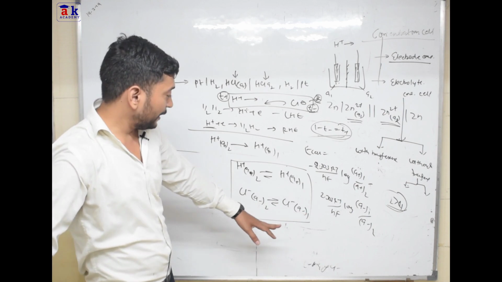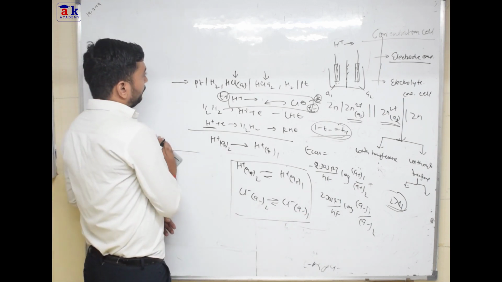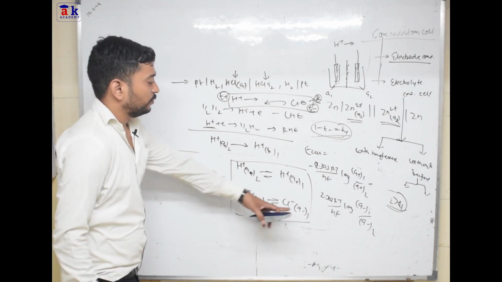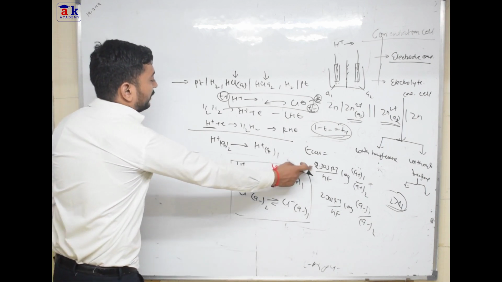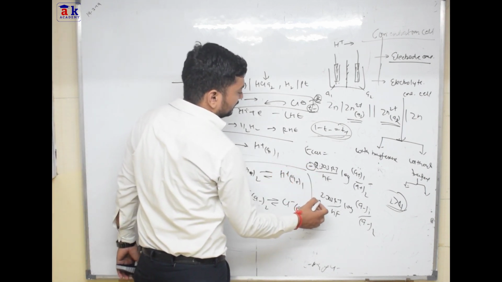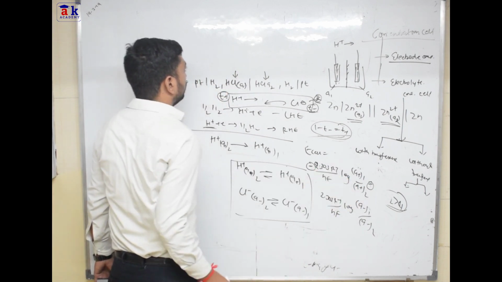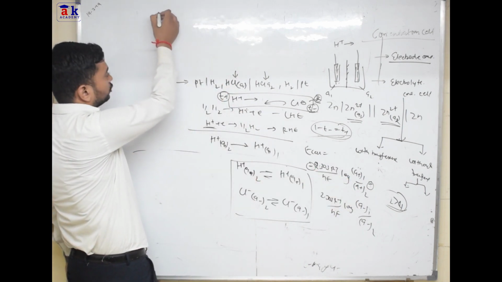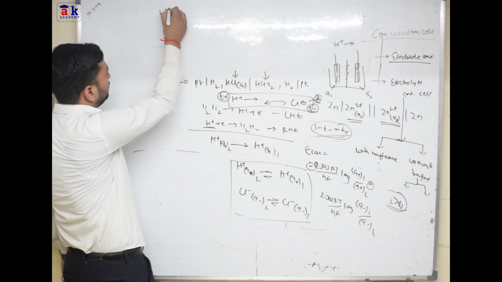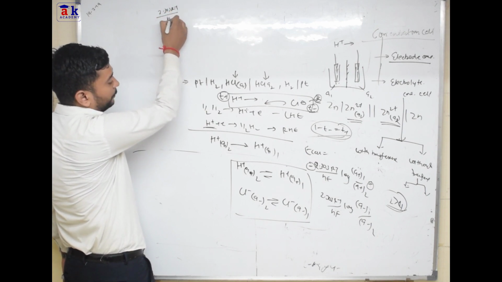After this, the minus sign is here, and the minus sign is here, right? So A2 will go above. So here we will have 2.303 RT upon NF.